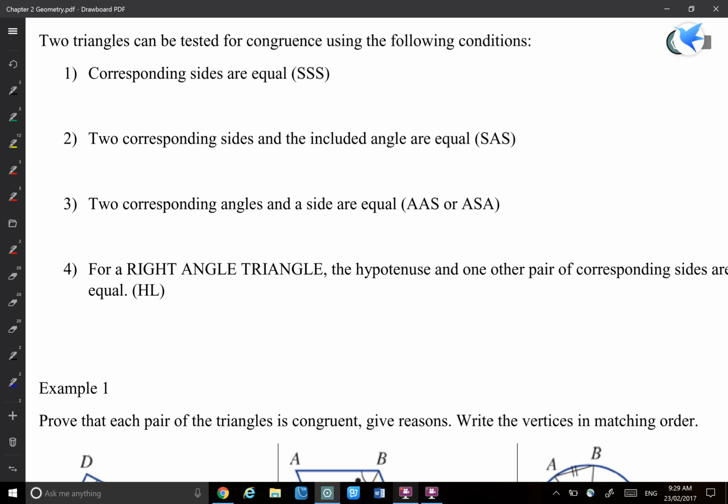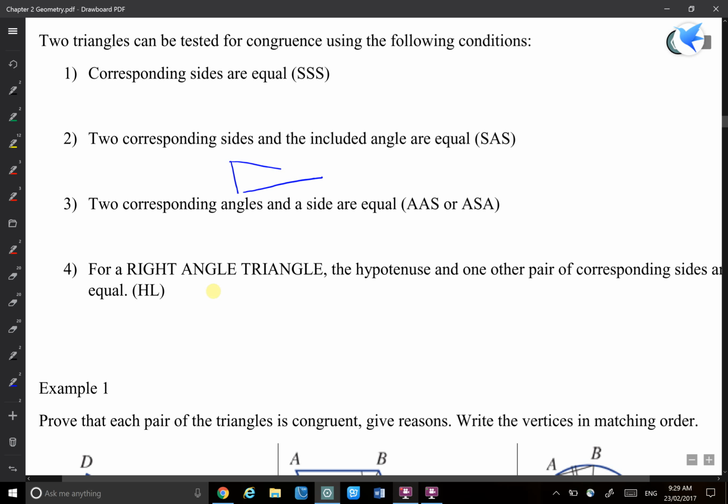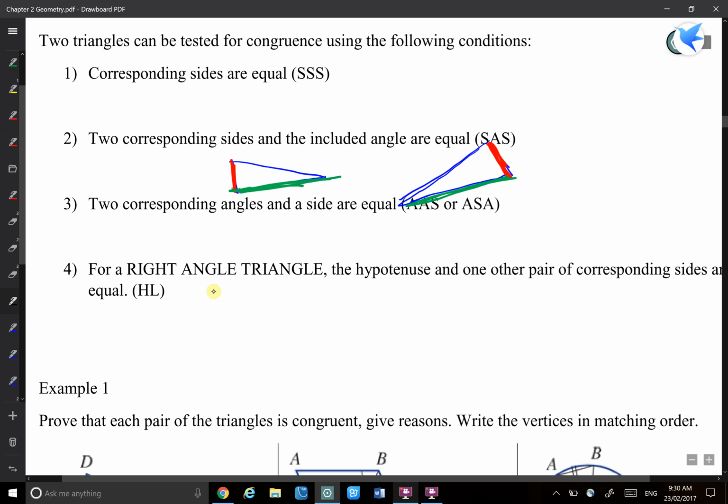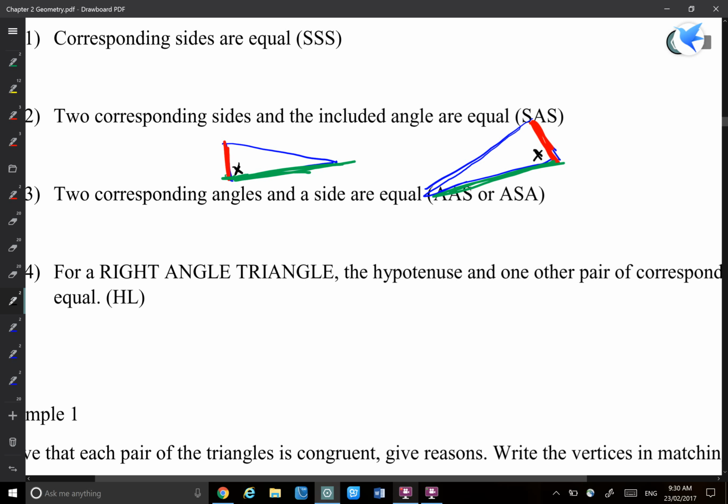Included angle means, if you have this triangle here and you have another one here, they do not look identical, but if we know this one equals that one and this one equals that one, and we don't know other information, we don't know about the blue line, if we know this angle equals this angle, then those two triangles must be congruent, because it is the angle in between the two lines.